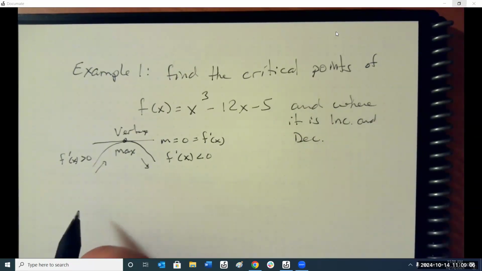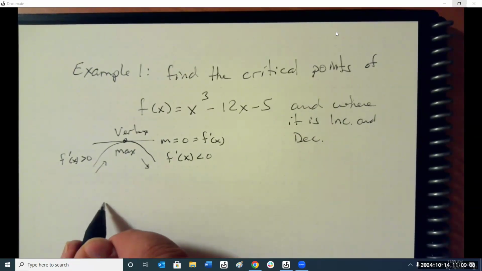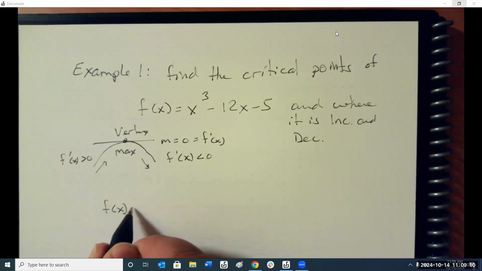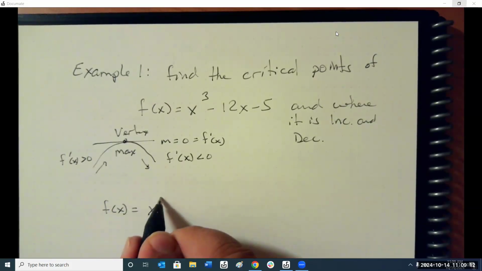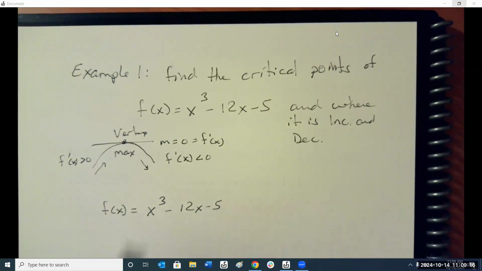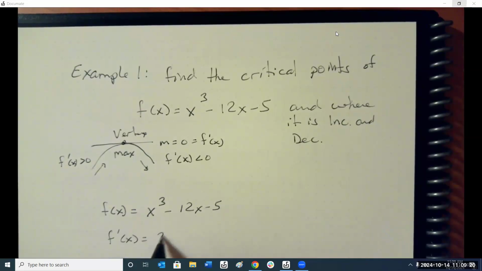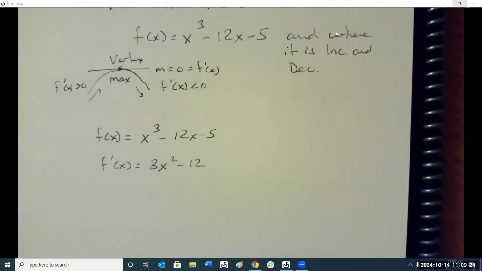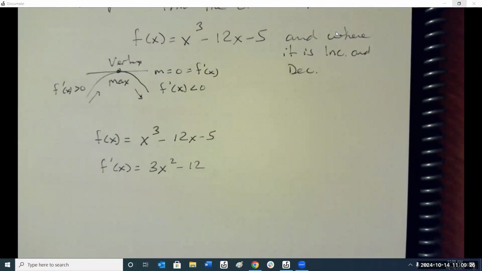So find the critical points. The first thing we have to do with our function is take the first derivative of it. 3x squared minus 12. Now, why do we have to know this?